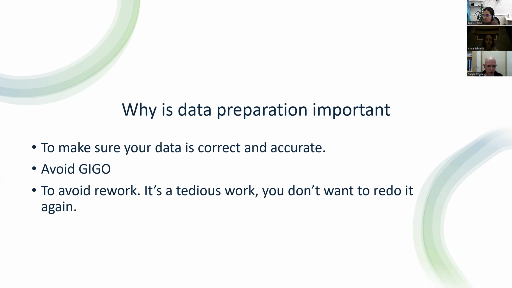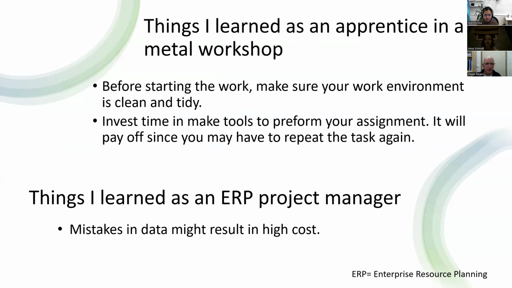So you want to avoid that, and you want to avoid rework, because this part of the project is tedious work with all the data and arranging it. You don't want to redo it again. So do it once properly, and you will not have to redo it again. So that's, I think, the main points for why it is important.